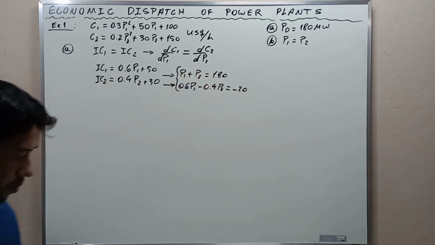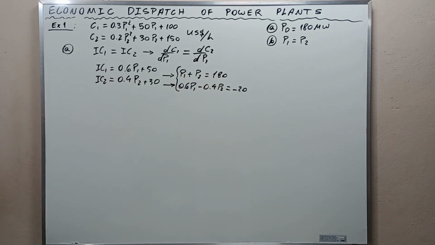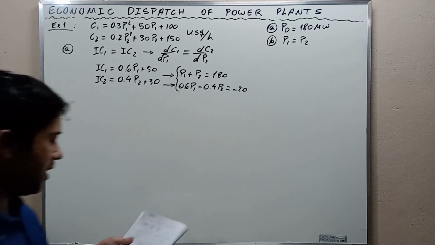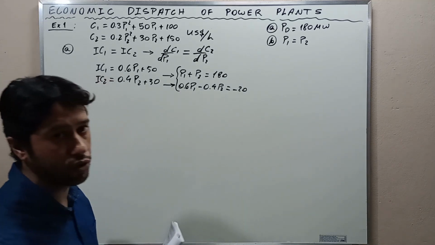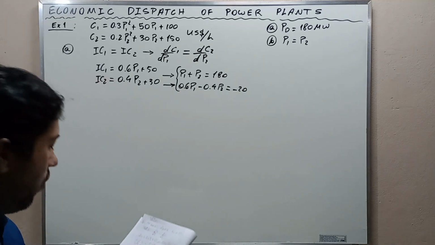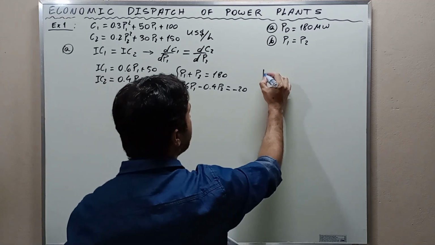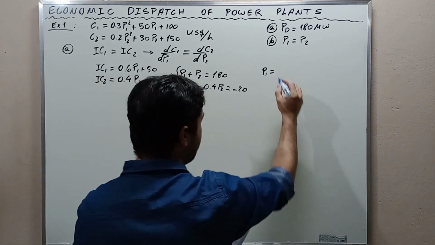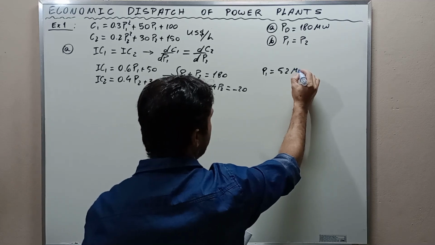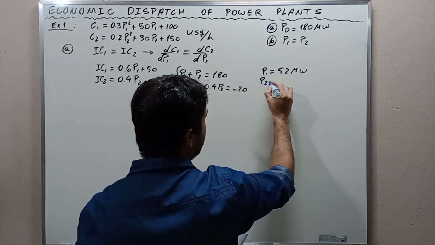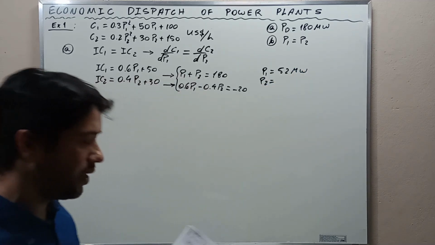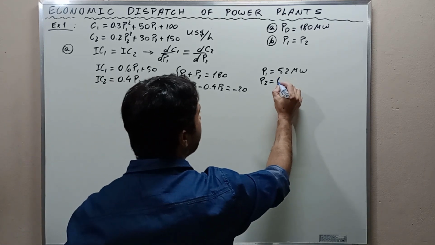That is the system of equations that we have to solve. And we find that for the case of a load of 180 megawatts, P1 is equal to 52 megawatts and P2 is equal to 128 megawatts.